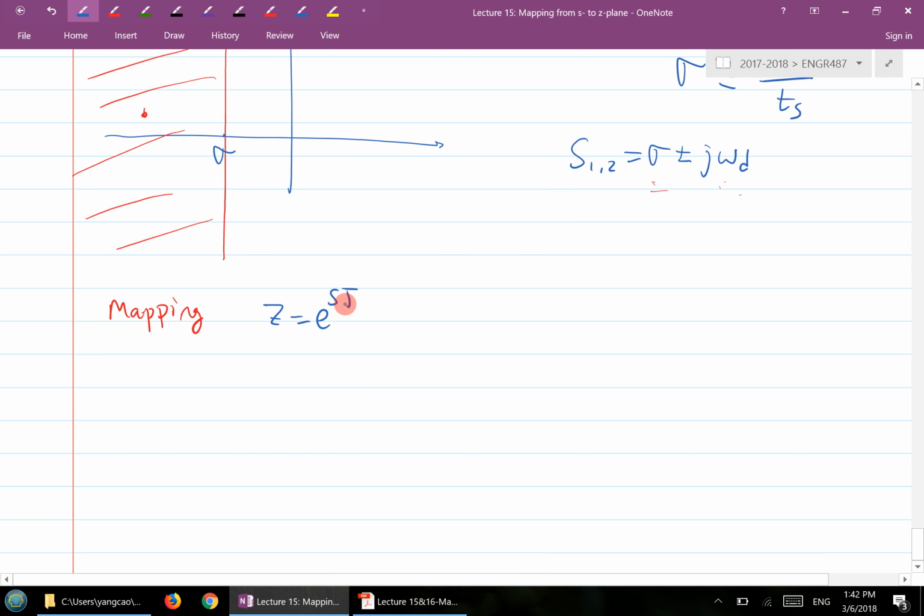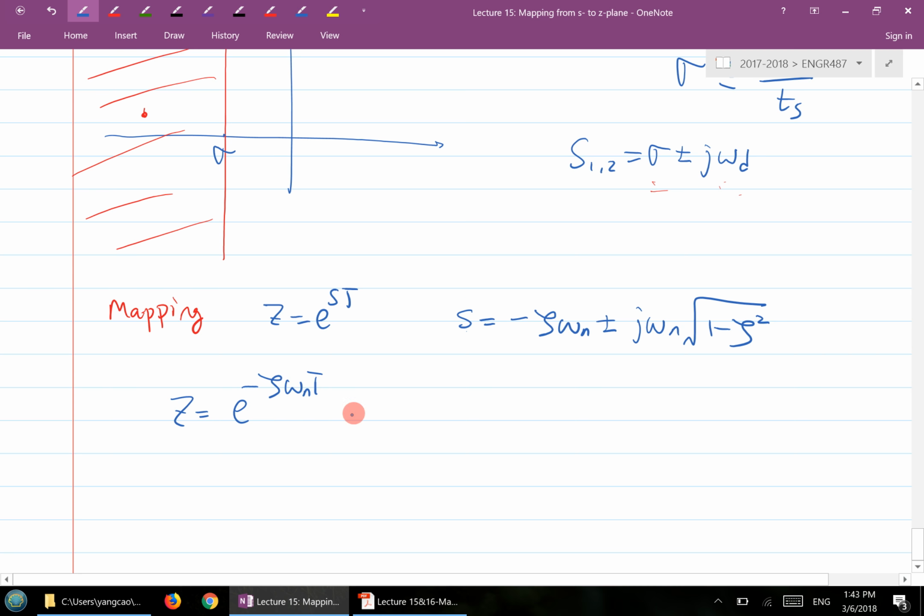We use z equal to e to the power sT for the mapping, and in this case my s value is the root of the second order system. Then I'm going to substitute s into this equation, so z equals e to the power negative zeta omega_n T, so this is the real part.